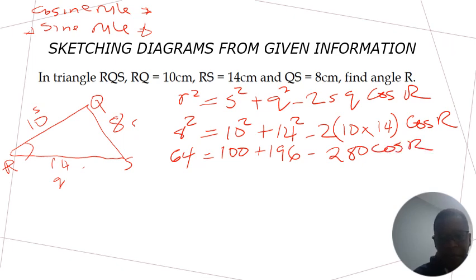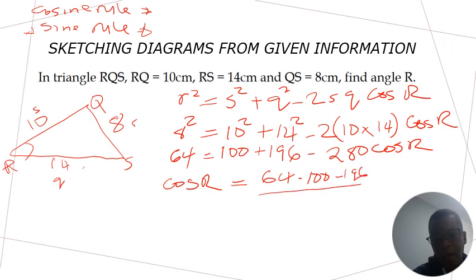Okay, so let's put like terms together, or let's just make cos r a subject of the formula. So you have cos r is equal to, okay, uyu ndio udapitoko, uyu sabitoko, so it will be 64 minus 100 minus 196 over minus 280.